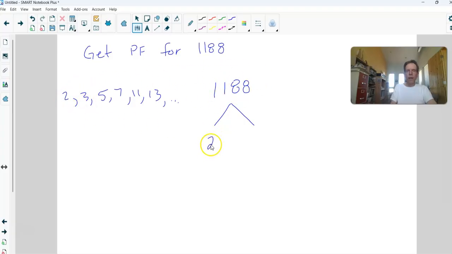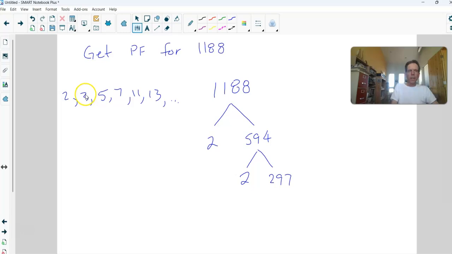We know 2 will divide in. And I'm going to look at my notes here so I don't have to get the calculator out and do long division right now. So you get 594 here. Okay, so now we look at 594. Is that still divisible by 2? Yeah, it's even. And if you divide that by 2, you get 297.